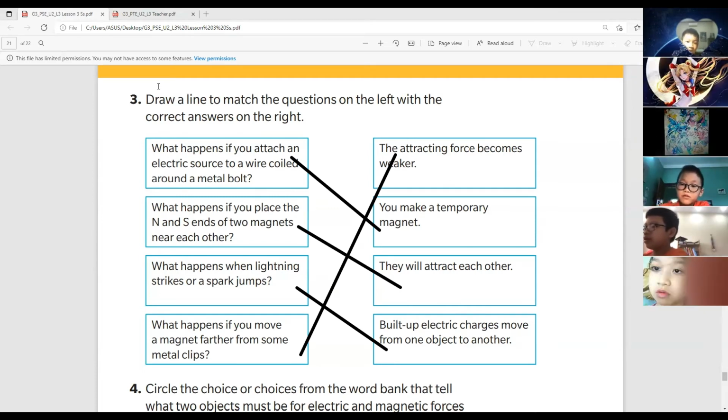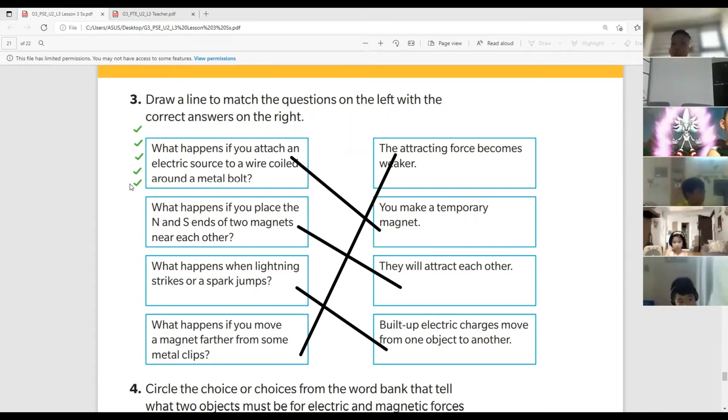And where does our line go? Can you read the answer? You make a temporary magnet. Yeah, you make a temporary magnet. Okay, very good. This one is correct. I'll put a check mark near this one. Guys, the first one is correct. You guys got it correct.